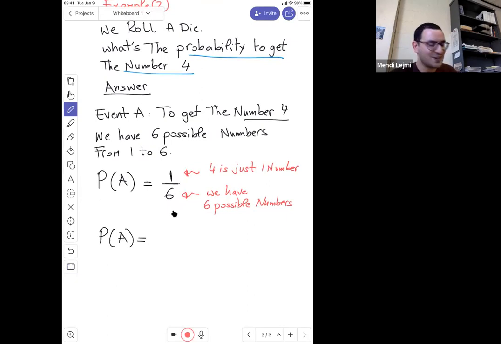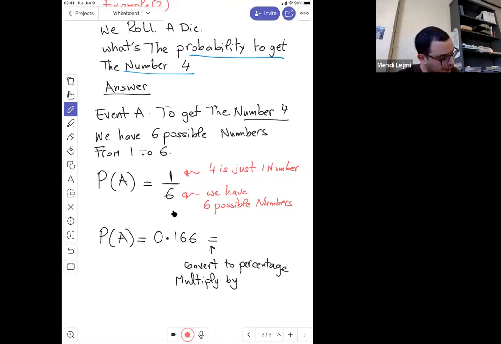So 1 over 6 is 0.166. And then we need to convert this answer to percentage. So we multiply by 100, just multiply by 100.